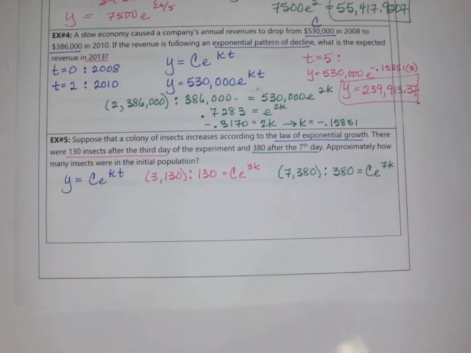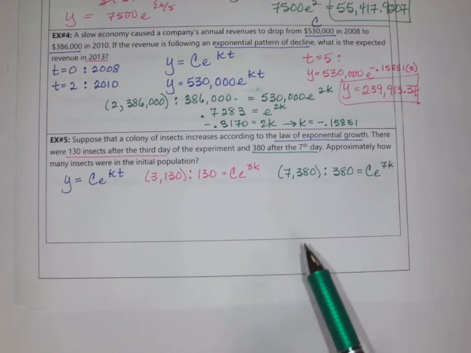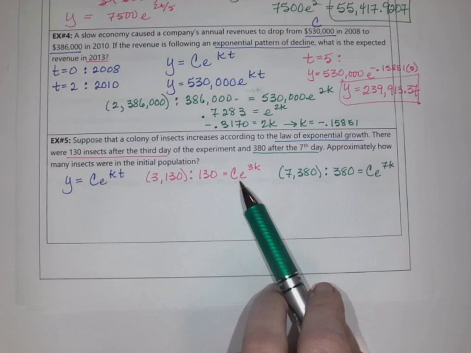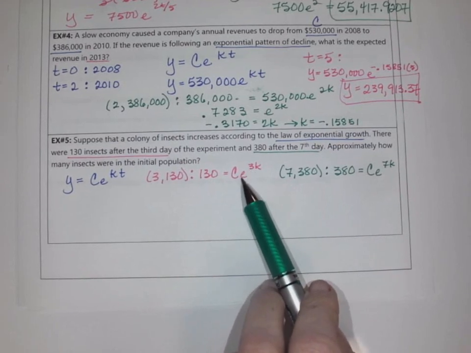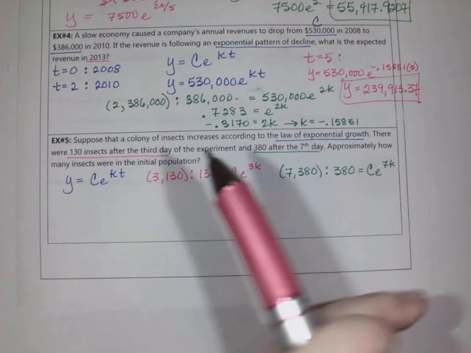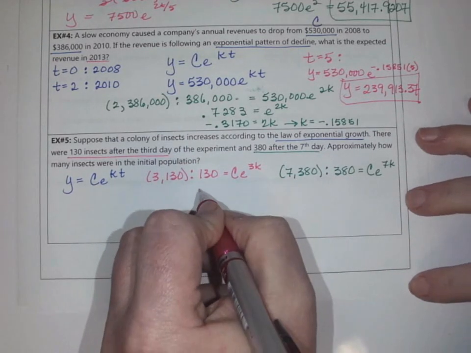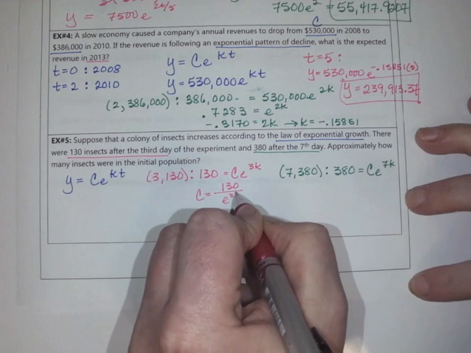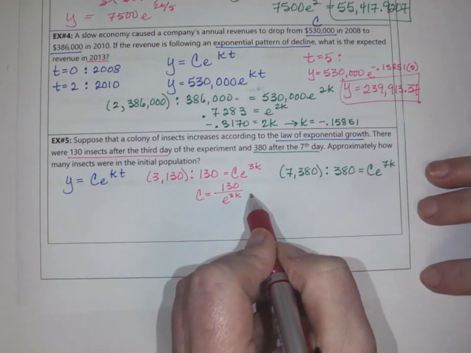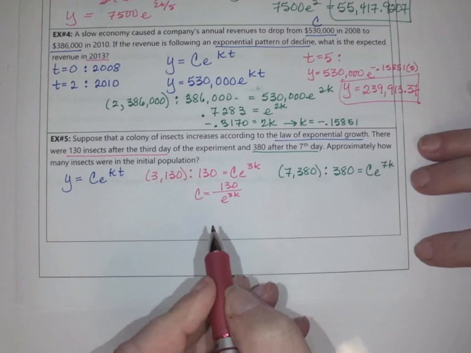And there's a lot of different ways that you can do this. I think let's see, I'm going to take the smaller of the exponents, and I'm going to solve for c. So I'm going to say that c is equal to 130 over e to the 3k. Then I'm going to take that c value and plug it in over here.